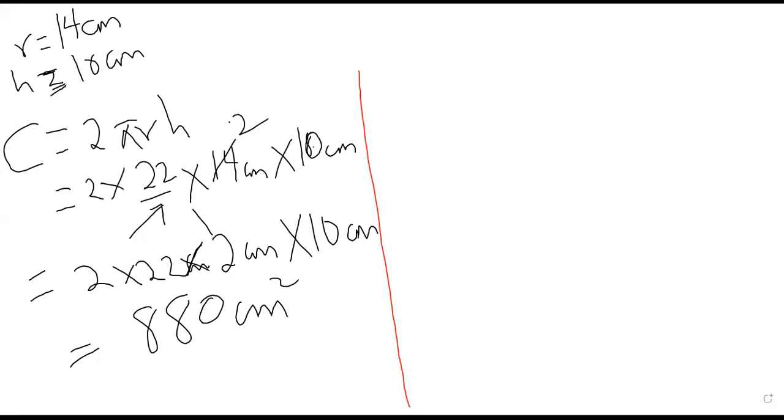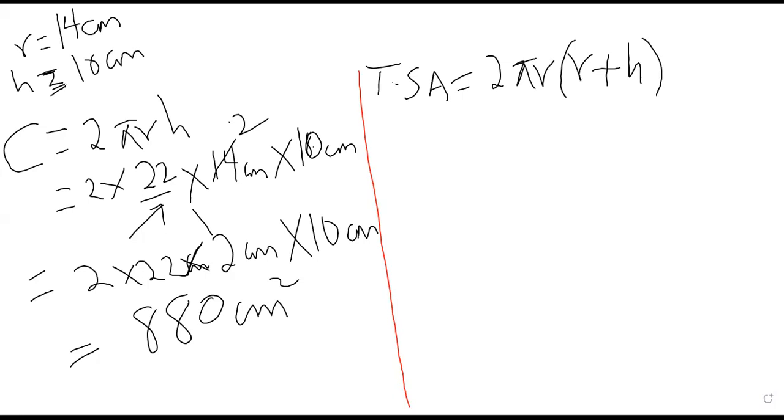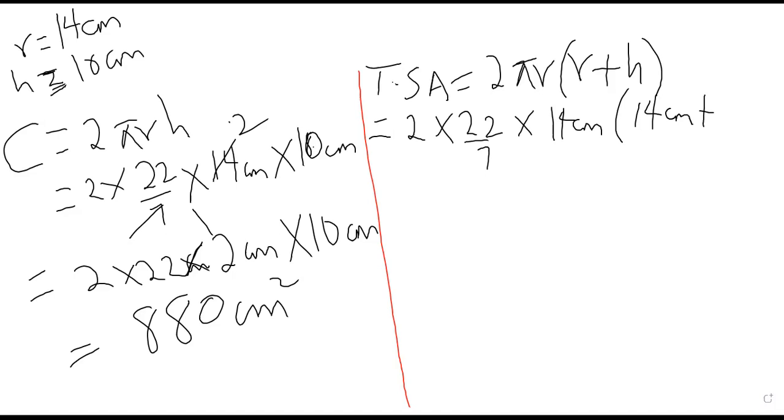That will be equal to 2 multiplied by 22/7 times the radius, 14 centimeter, into bracket 14 centimeter plus our height, which is 10 centimeter.